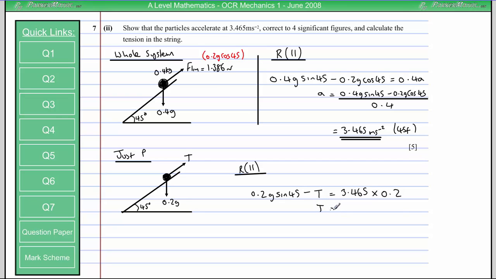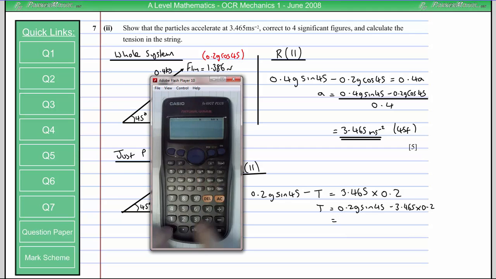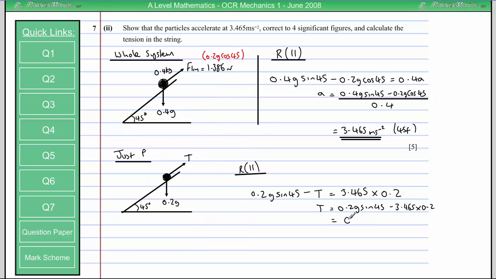Rearranging this, we get T equals 0.2 G sine 45 minus 3.465 times 0.2. Remember, for this part, use the answer button in your calculator instead of 3.465 because you'll get your answer to a higher degree of precision. And we get a tension of 0.693 to 3 significant figures.